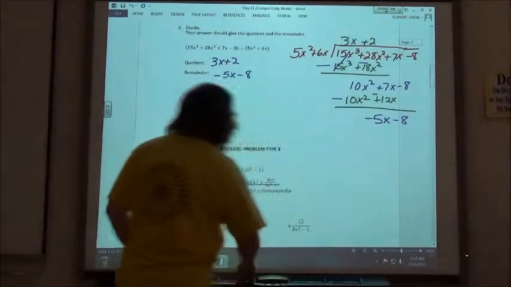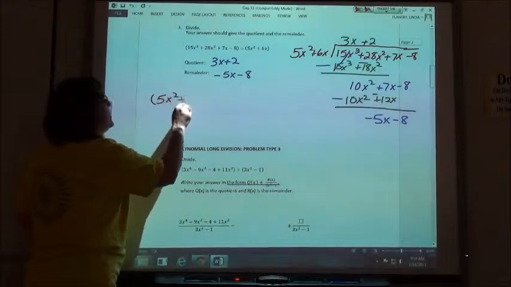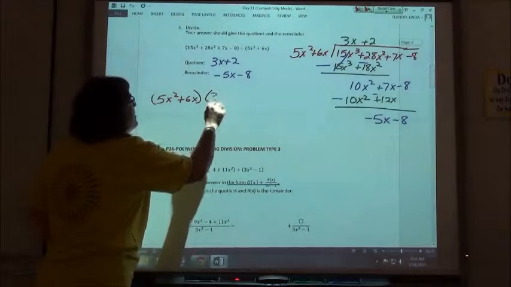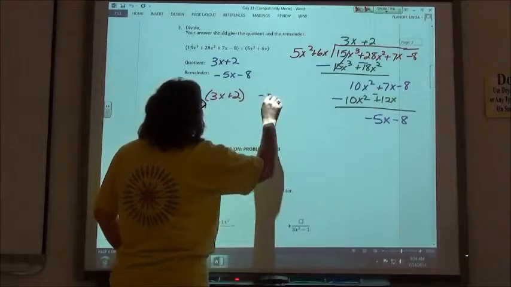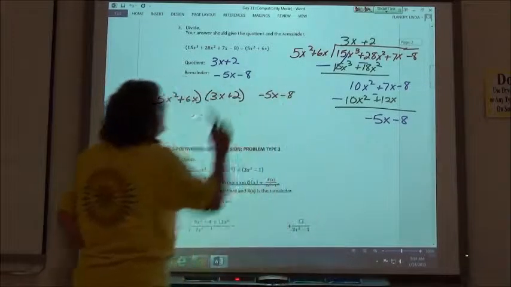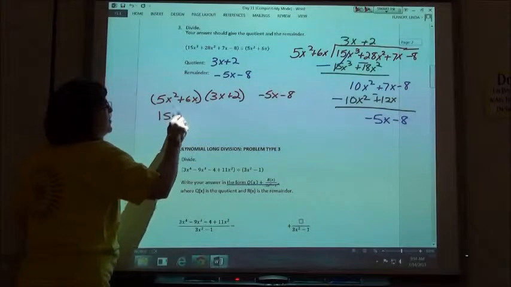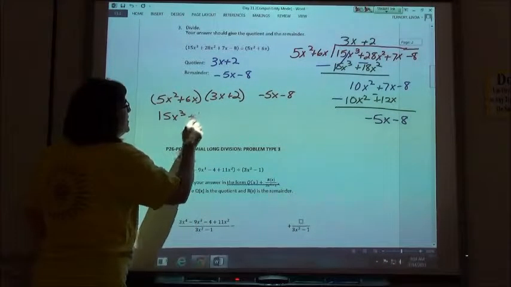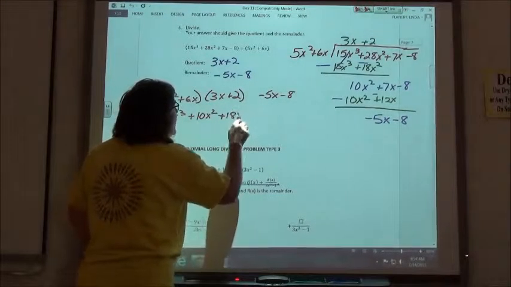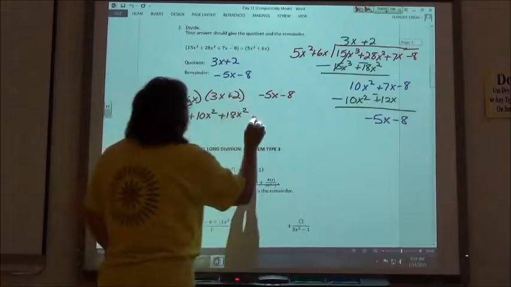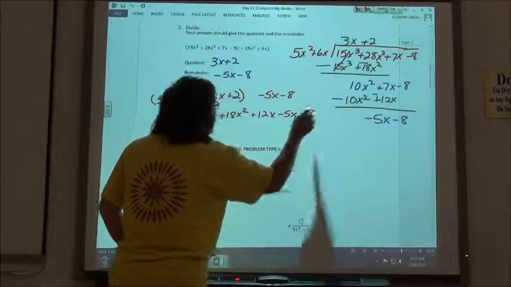And again, for fun, if we wanted to check that, we would take 5x squared plus 6x times 3x plus 2, and then we'd add our remainder, which is negative 5x minus 8. And so if I FOILed that out, I get 15x to the third plus 10x squared plus 18x squared plus 12x minus 5x and minus 8.